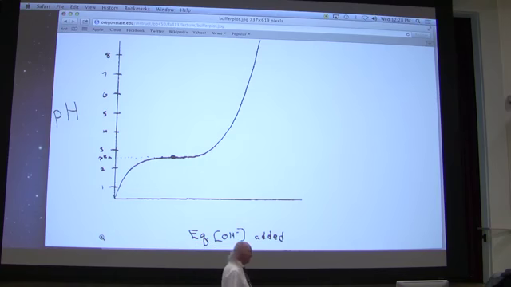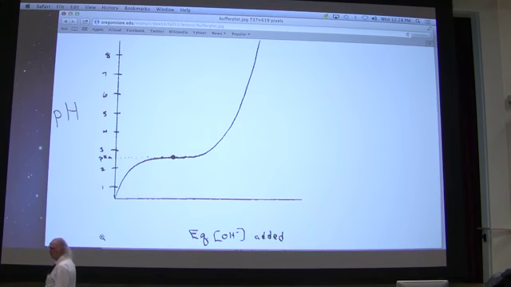Now, let's think about what this graph is telling us. Right here, we said that salt and acid were equal. Let's say that I wanted to change this solution so that I had more acid than salt. What would I have to do to it? I started with an equal, and now I want to have more acid than salt.